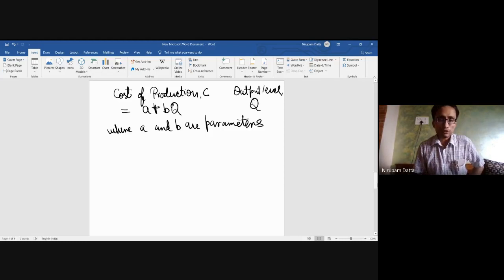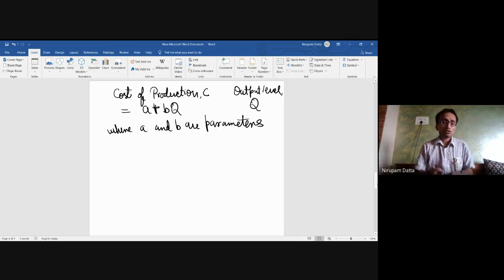So cost of production C is a behavioral equation, and it changes in response to the change in the output level. Whenever the output level Q changes, because A and B are parameters, that means they are given in this cost of production model, C will also change. It is not the other way around. Here Q determines the behavior of the cost of production, not the other way around.